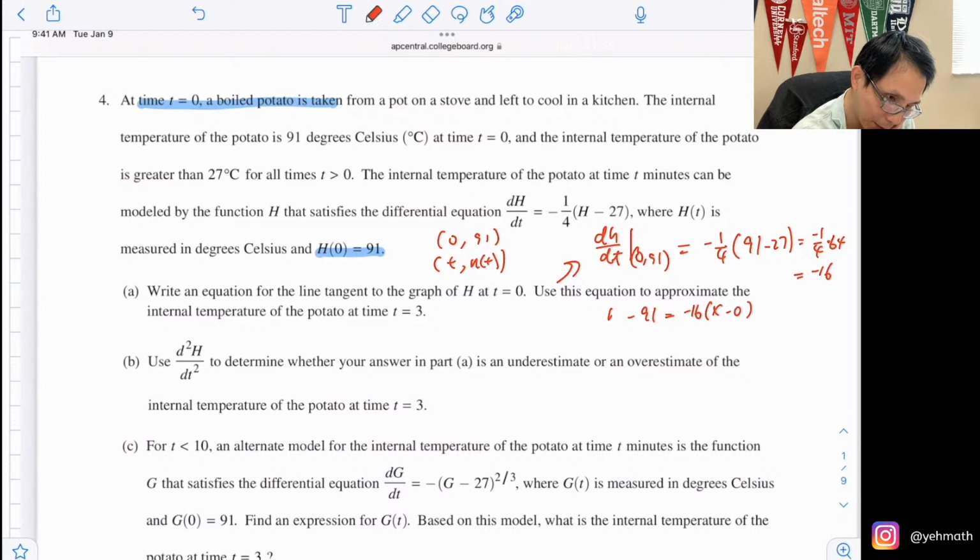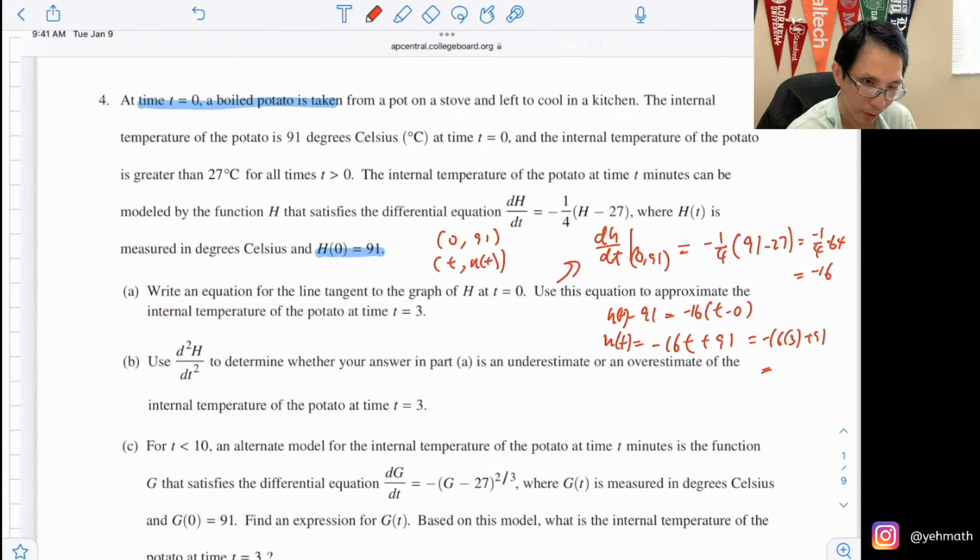So I'm going to write it as h of t, and this x I'm going to write as t. I changed the variable so it's easier to determine. So h of t is equal to negative 16 t plus 91, and then you plug in 3. Once you plug in 3, it's negative 16 times 3 plus 91. Negative 48 plus 91 is 43.